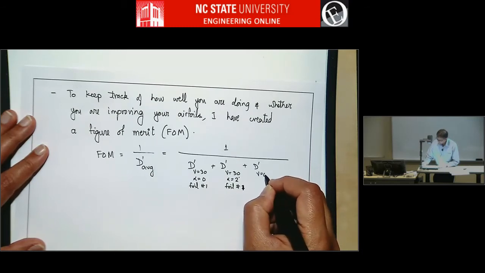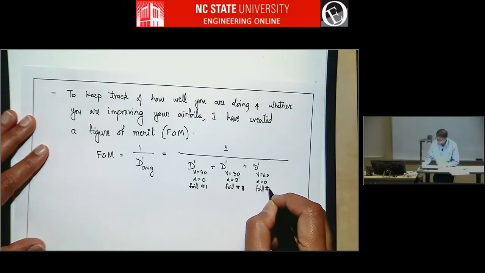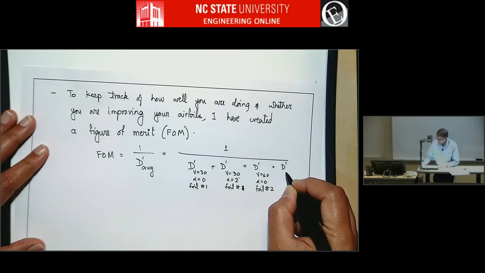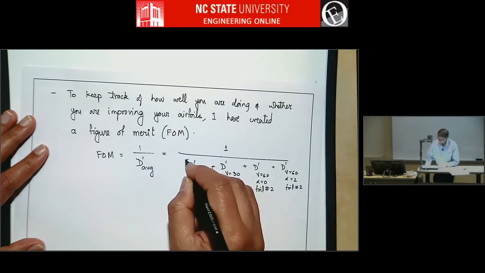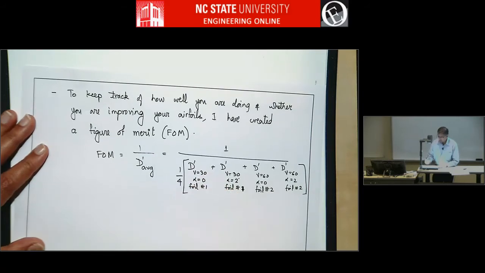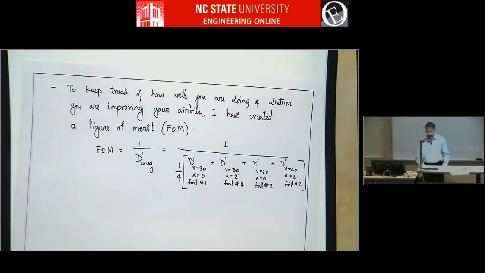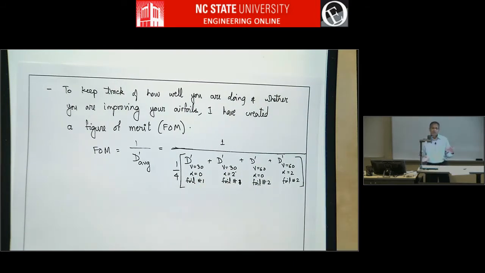And then V equals 60, alpha equals 0, foil number 2, plus d prime, V equals 60, alpha equals 2, foil number 2. And 1/4 of this, that's the average. So, I mean, this is just something I have sort of cooked up to give you some number that you're always going to try to maximize.